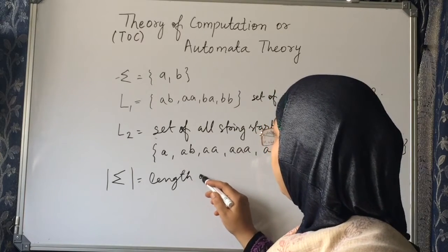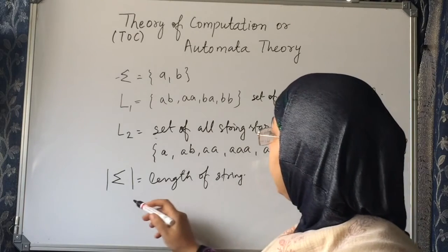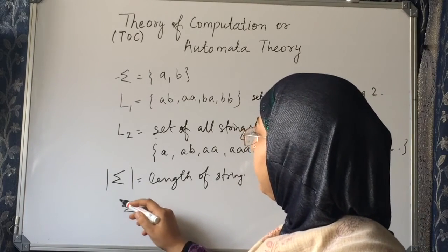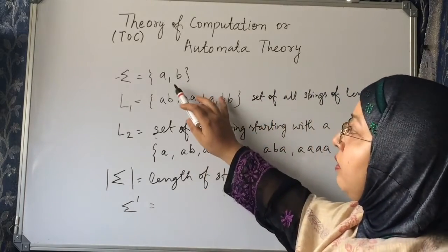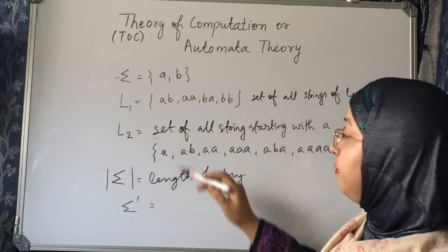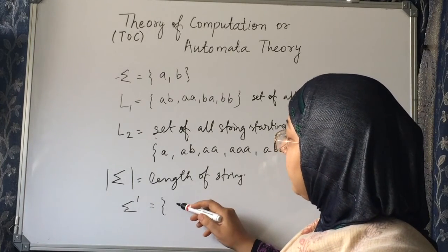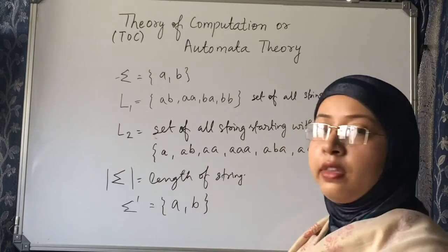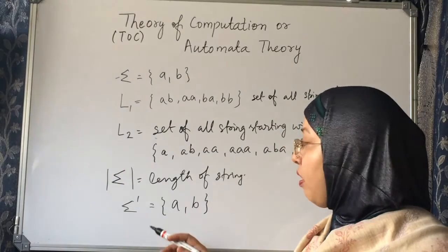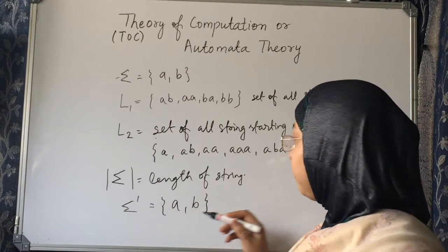So if we have to find all strings over alphabet A, B of length 1, what strings are possible? Only A and B. Here the power denotes the length.